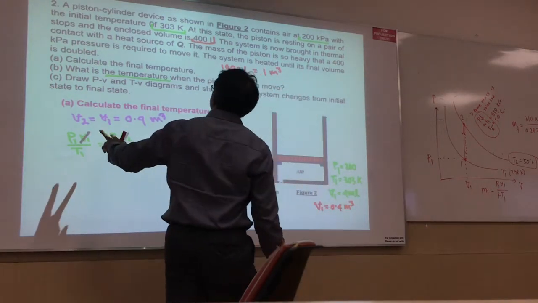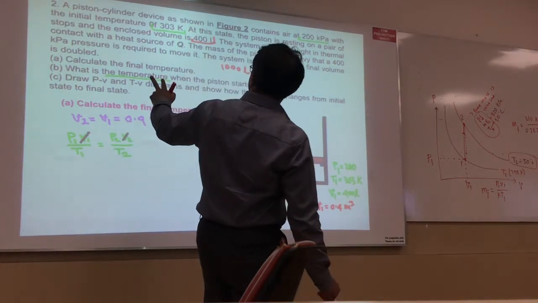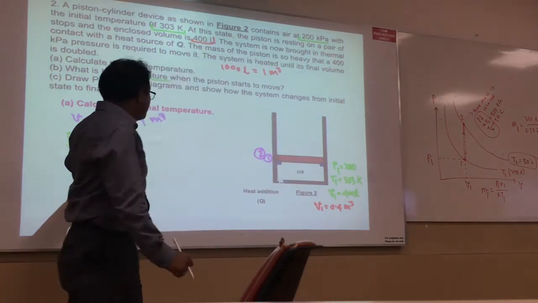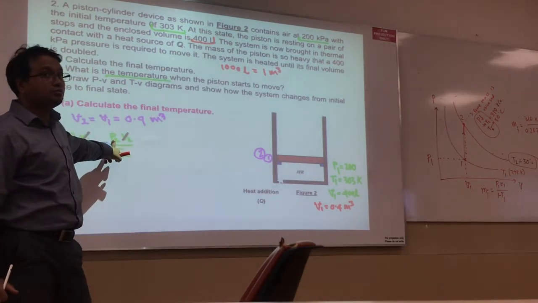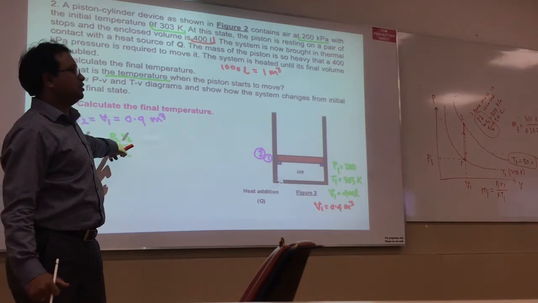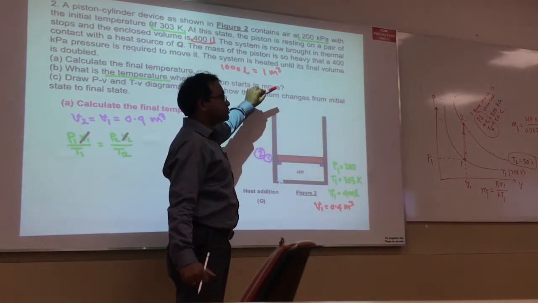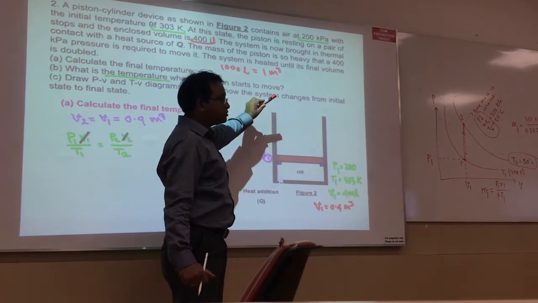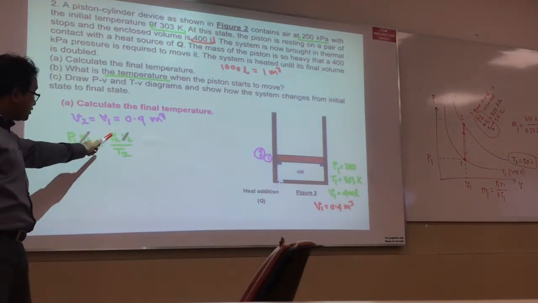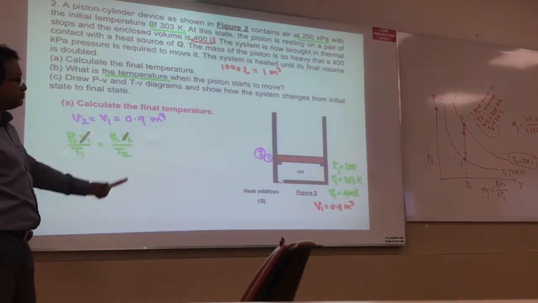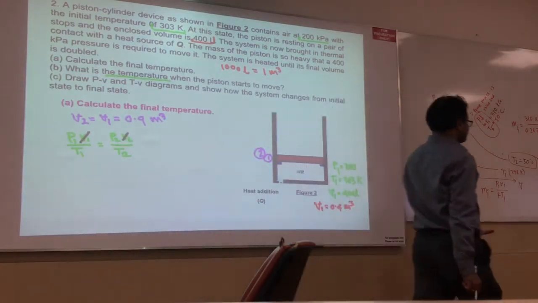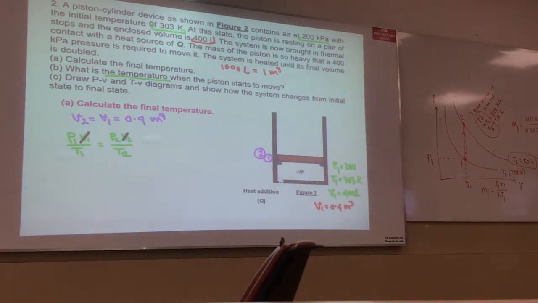Sorry, I meant T1. Temperature of 303. So what is P2? 400. Yes. When the pressure becomes 400, then it moves. Before that, it never moves. So that's why P2 is 400. At that point, the pressure is 400.